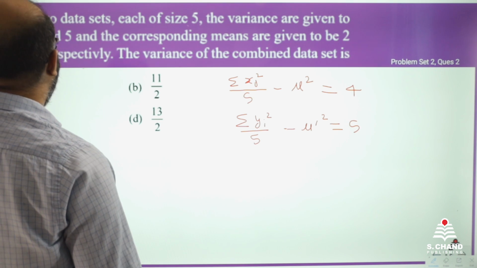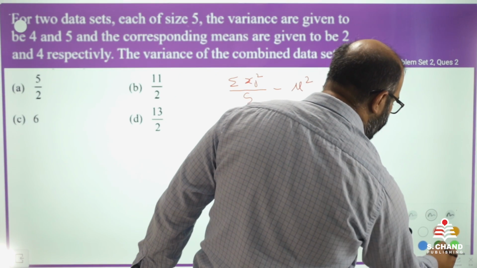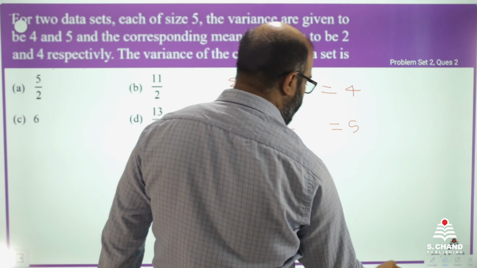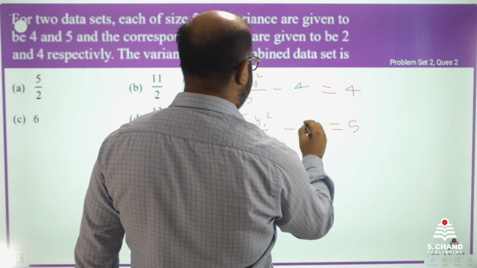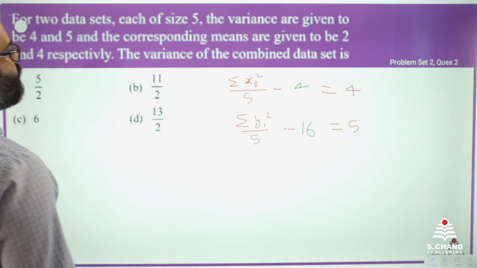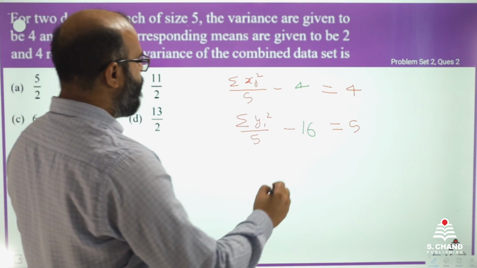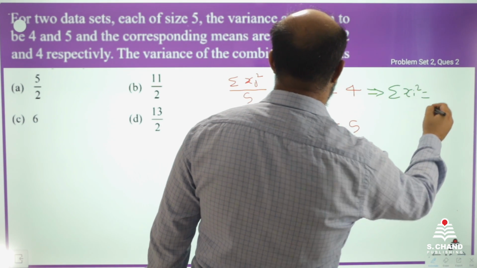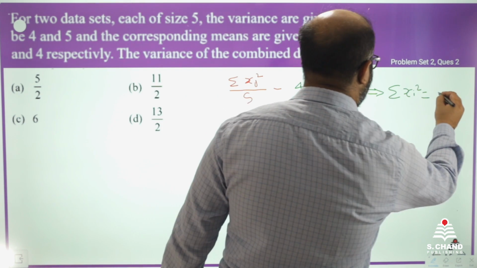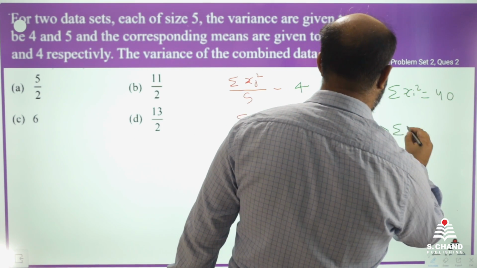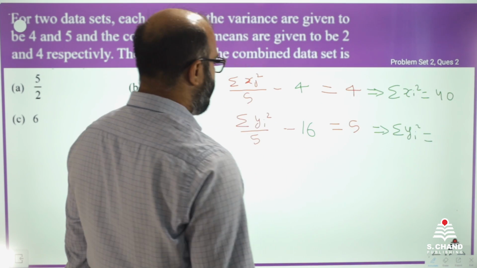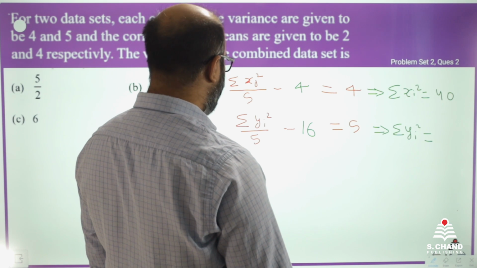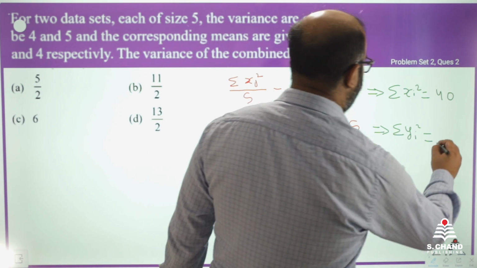The means are also given as 2 and 4, so the squares will be 2 square and 4 square, which we can write as 4 and 16. Now from here sigma of xi square is equal to 40. And from here sigma of yi square will be equal to 21, the sum of 16 and 5, times 5, so 105 will be the term.